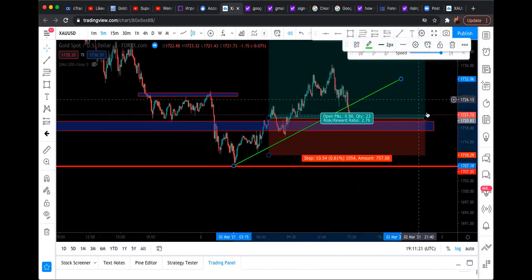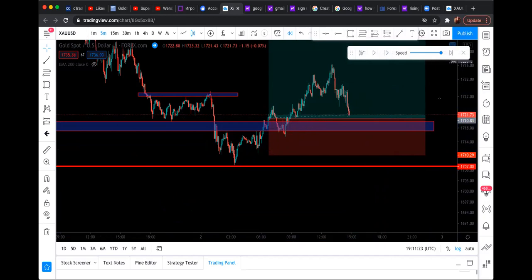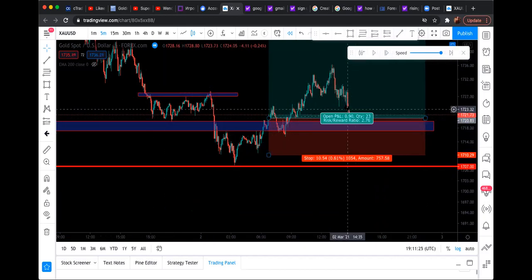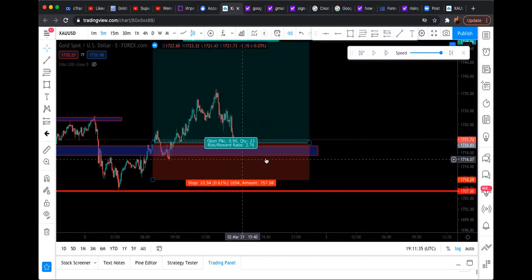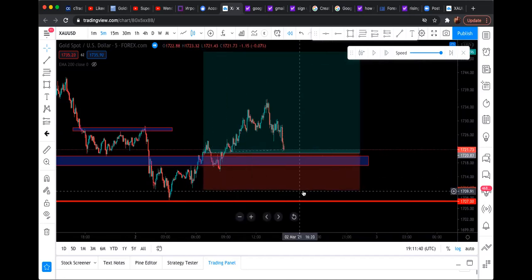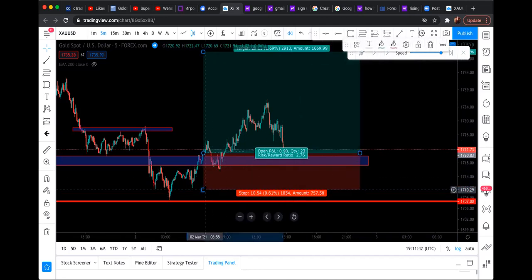So as soon as it breaks it, you know that there is that possibility of a new language. Since you already have this support over there, you can decide to exit this because you already went up 15 pips. If you are still in, you can decide to exit over here before it even goes negative and find a better entry once it's placed in this support zone, or you can still maintain your 9 or 10 pip stop loss if you want.